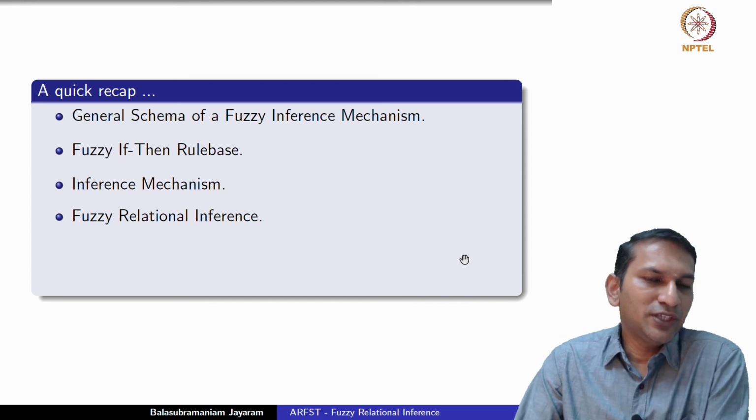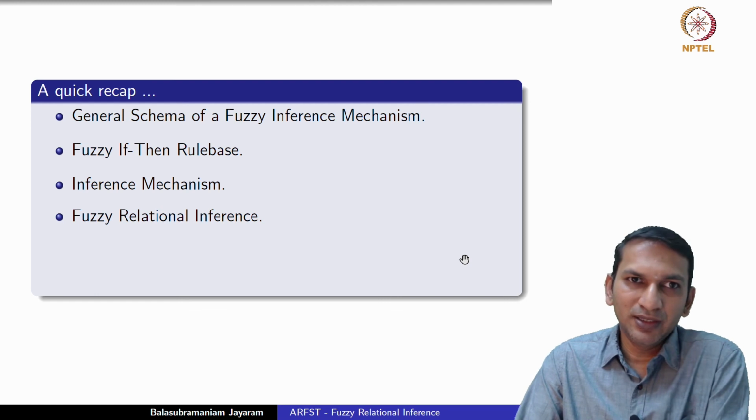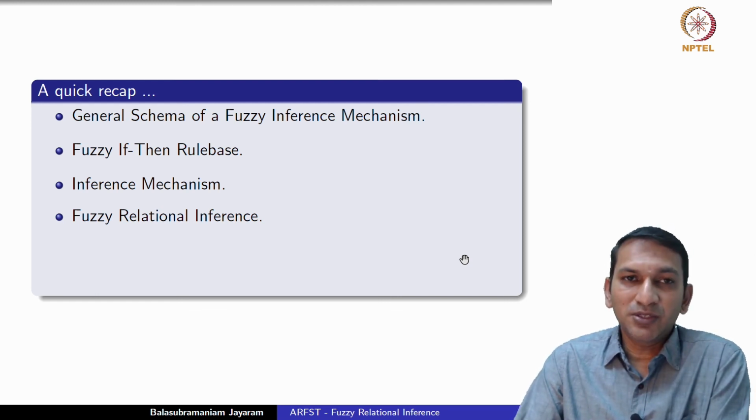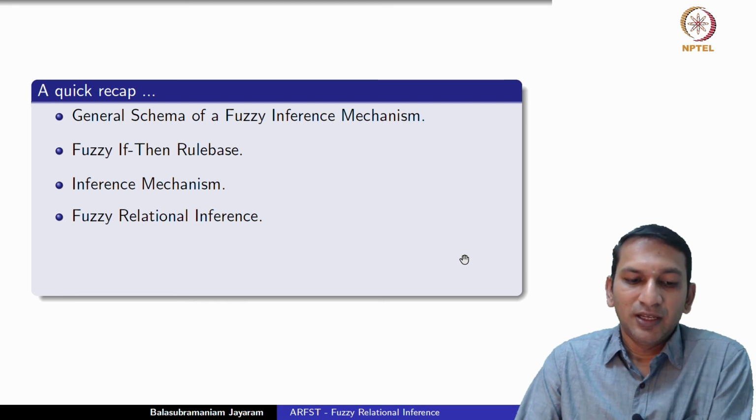I said we have just only started to look at the surface. We have not gone deep into it. There are many more things that will come into picture, which we'll take up in the next few lectures. So we looked at fuzzy relational inference.